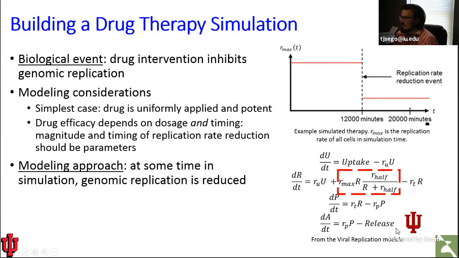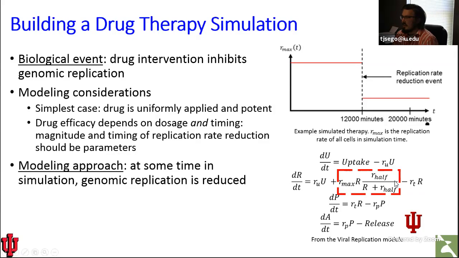And at the very end, on the bottom right, there's this term release. This value is then passed to the viral release module that simulates release of virus back into the extracellular space. And in the viral replication model, this is the throughput process of the virus cycle.